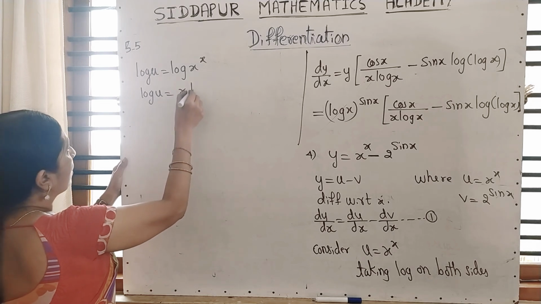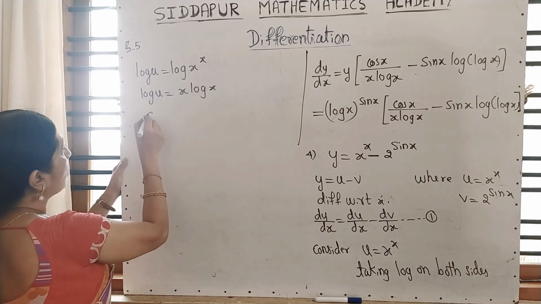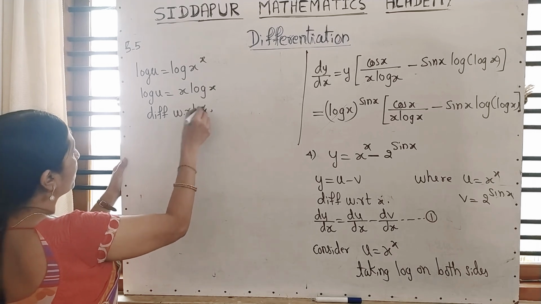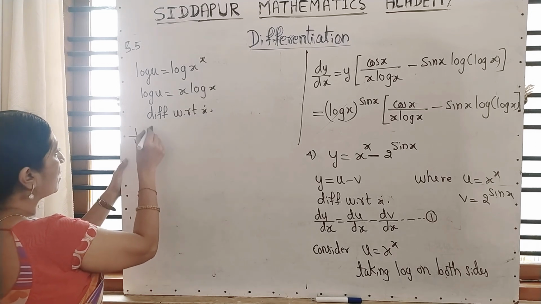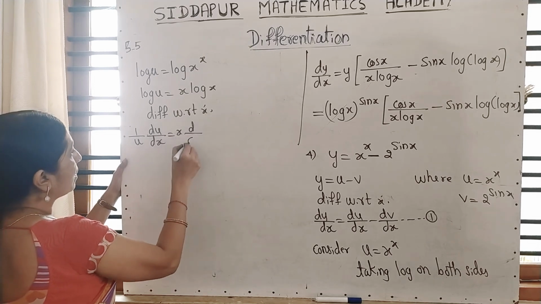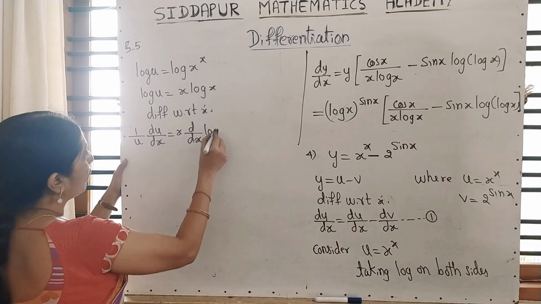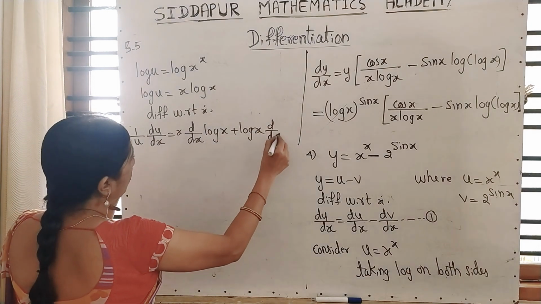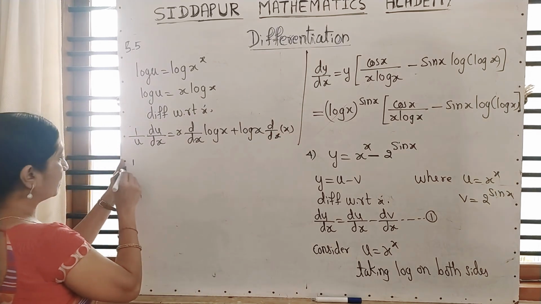X raised to x will be x log x. Now u into v product rule. Differentiating with respect to x, this is 1 by u into du upon dx. It is x into differentiation of log x plus log x into differentiation of x.